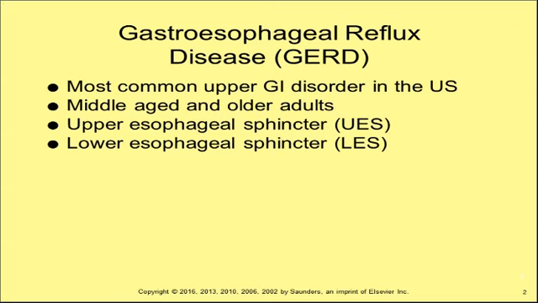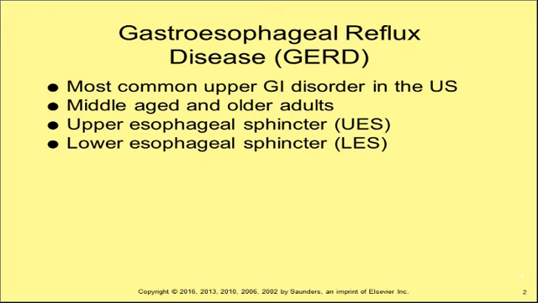Upper esophageal sphincter is also known as your cardiac sphincter, and normally it prevents backflow of contents into the esophagus. It's at the upper part of your stomach. It stays contracted at rest to prevent that reflux. Your lower esophageal sphincter is located more near your stomach.